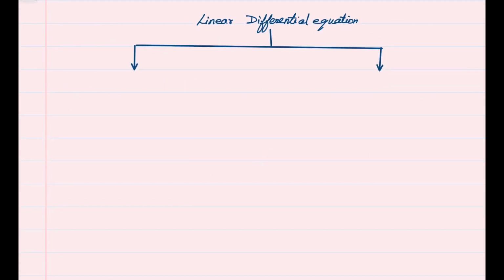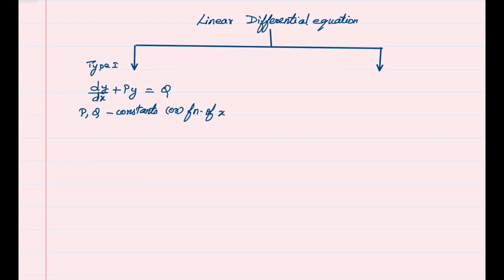In linear differential equations, we have two types. The first type is linear differential equations of the form dy by dx plus py is equal to q, where p and q are constants or functions of x.